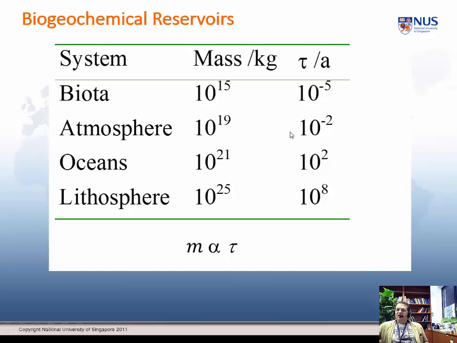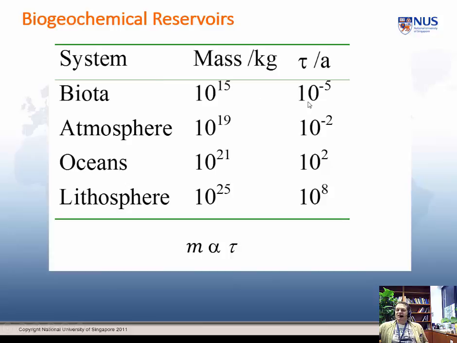The oceans, smaller, processes up to maybe 800, 1200 years. That's typically the residence time of the deep water circulation of the planet. The atmosphere, again a much smaller reservoir, things happening on the time scale of days and weeks.